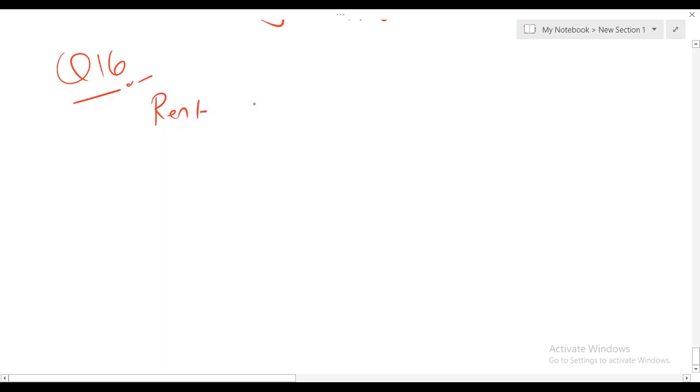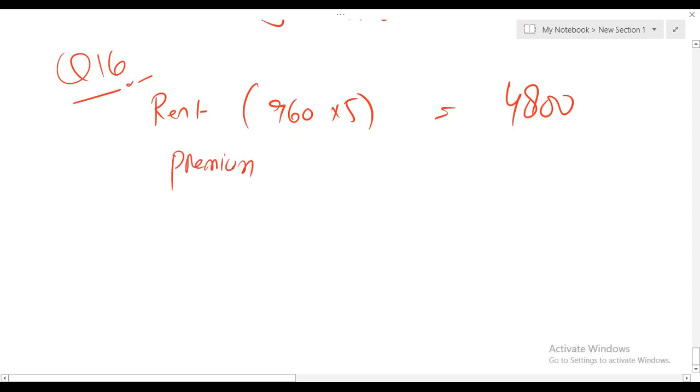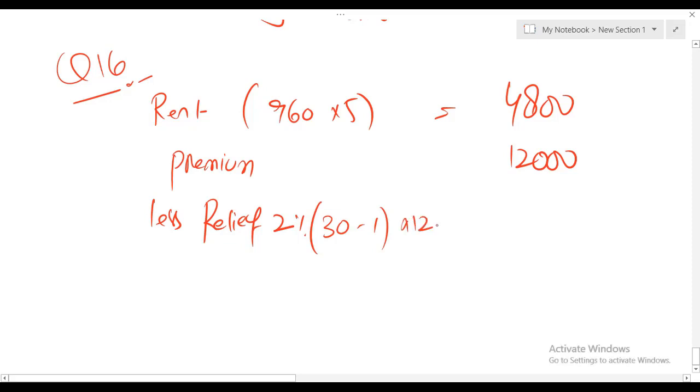Rent, it was 960 into 5, that is 4,800. Premium is 12,000, less relief 2%, and the lease term is 30 years. 6,960.